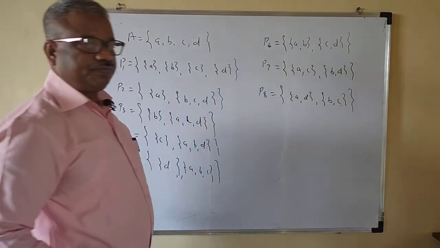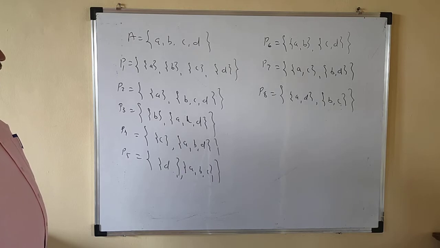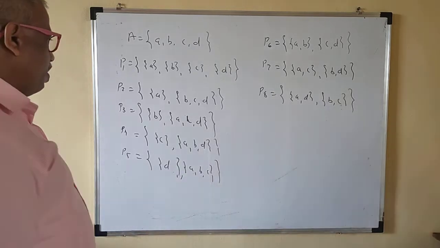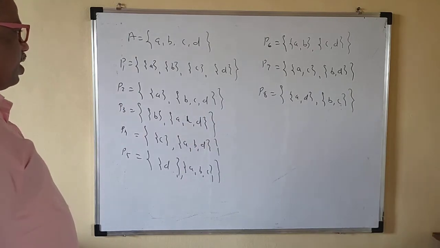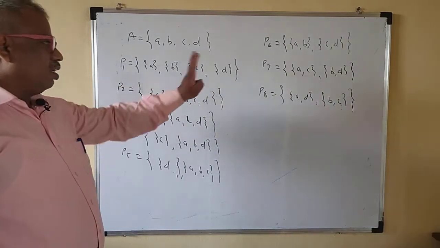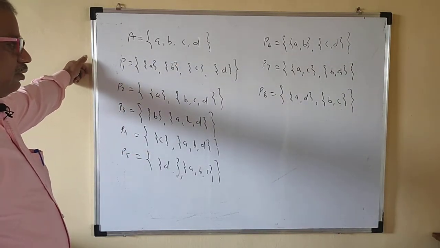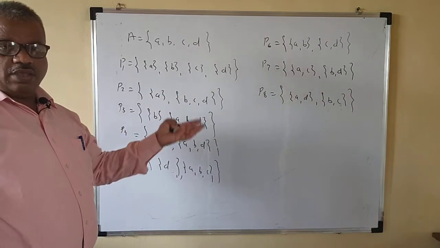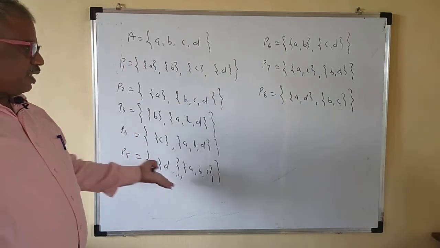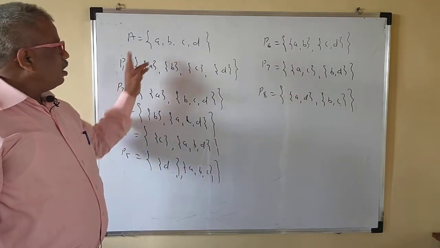Here I have taken singletons and doubletons, and all singletons also. So these are the examples of partitions of the set. If they ask to write at least two partitions, you can write any two of these. I hope you understand what we mean by a partition now. So partition means what?